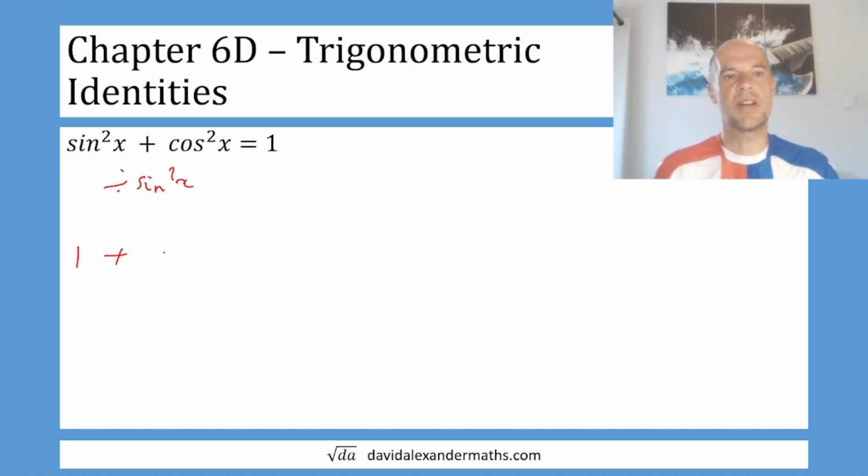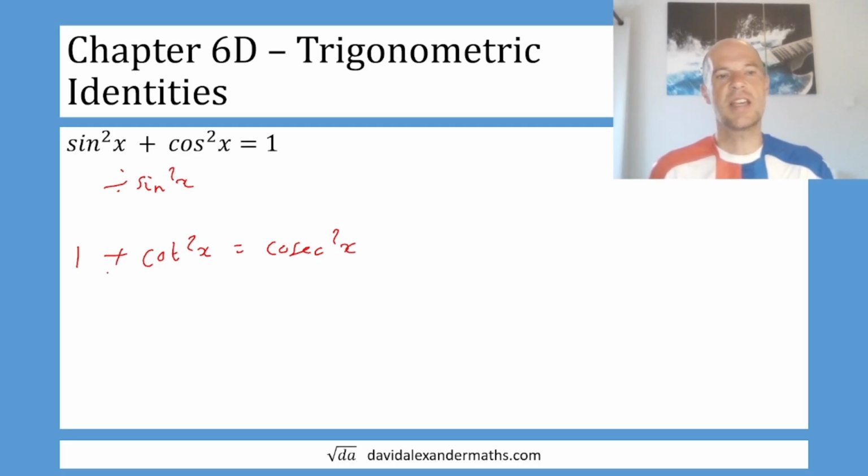So cos squared divided by sine squared is cot squared x, and 1 divided by sine squared is cosec squared x. So here we have a new trig identity. Cosec squared x is the same as 1 plus cot squared x, and we can also rearrange that so cot squared x is cosec squared x take away 1.